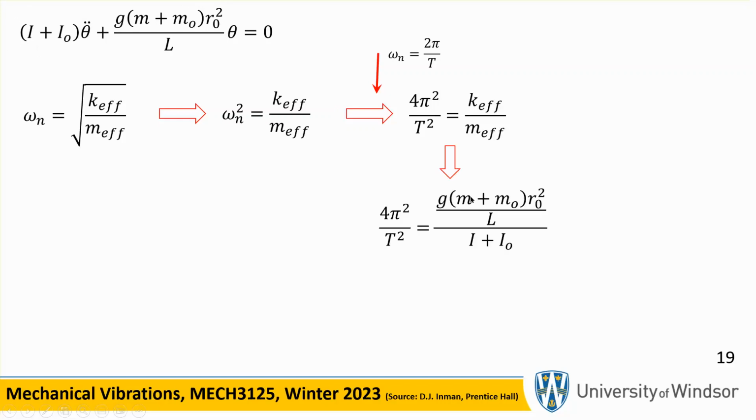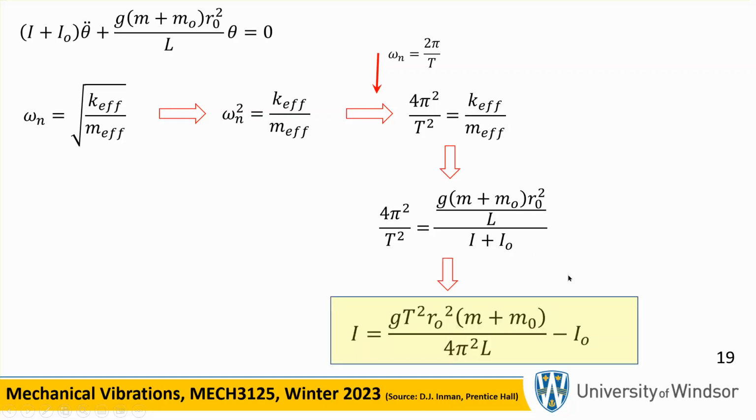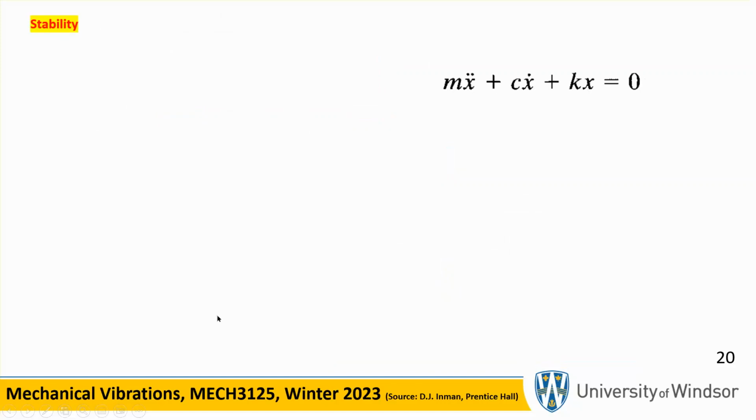So if I plug these things in, K effective is this coefficient, M effective is I plus I naught, and you clean it up, you solve this for I, the only unknown in this expression, cross multiply, clean up, you're going to get this. So everything on the right-hand side, including the period of oscillation, you know, and you're going to get the mass moment of inertia about the vertical axis.